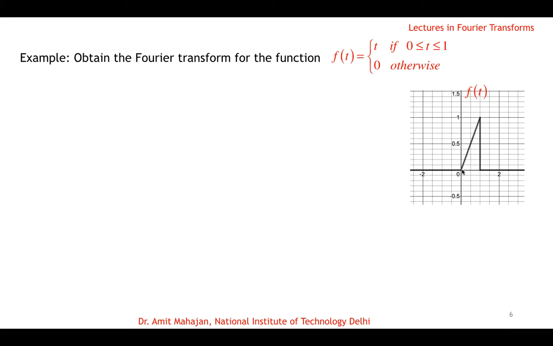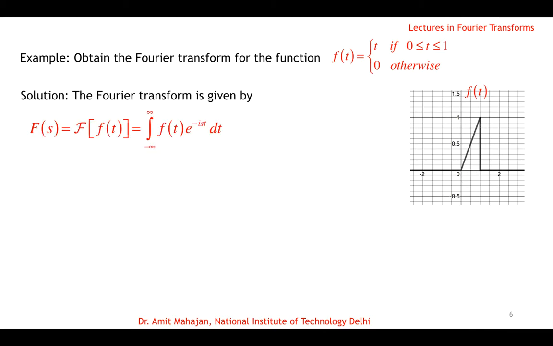To find the Fourier transform, again we use the definition that the Fourier transform of a function is the integral from minus infinity to infinity of f(t) e raised to power minus iota s t dt. The function value is t in 0 to 1, so this integral can be divided into three parts, and we represent it as the integral from 0 to 1 of t e raised to power minus iota s t dt; other integrals will be 0.